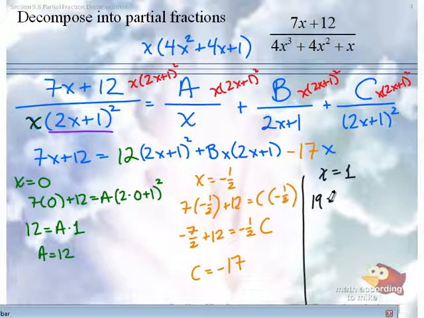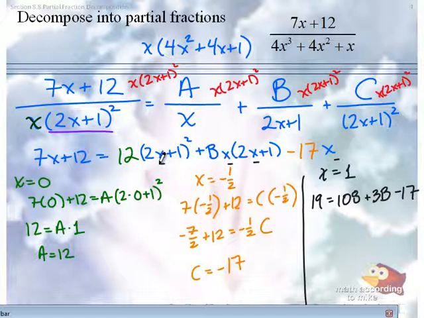Picking 1 on the right, we'll get 2 times 1 plus 1 squared is 9, so 12 times 9, 108. And then we'll get plus B times 1 times 3, so 3B. And then just minus 17 times 1, which is just minus 17. So again, all these x's become 1s.